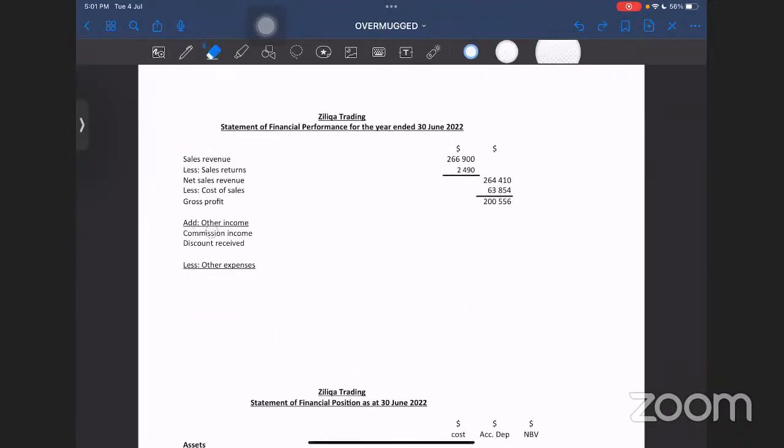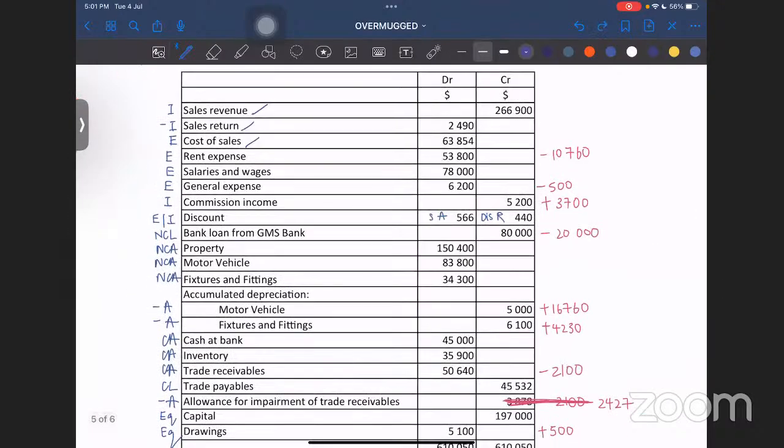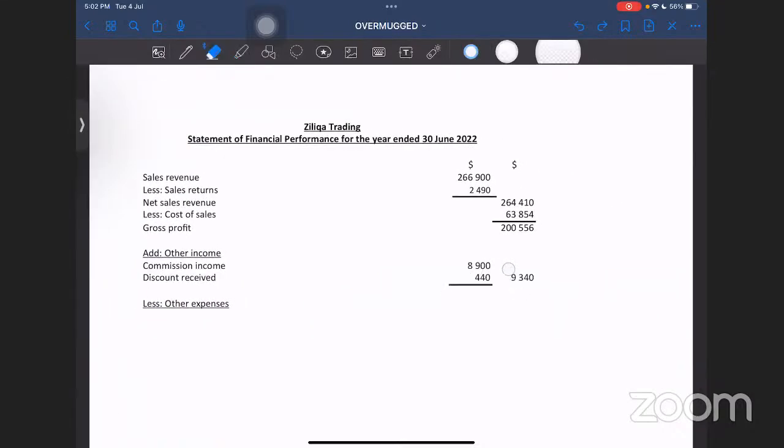Then next one, we have our income. In this case, I only have 2. Take note, for the discount received, I will take the credit side one, which is this. All right, so with that, that will give me a total income of 9,340.